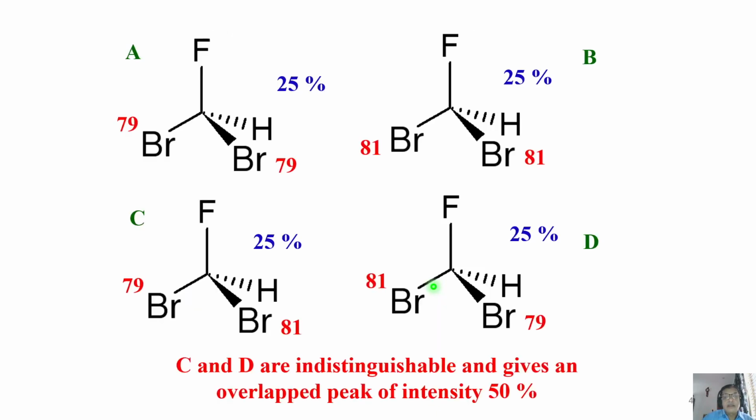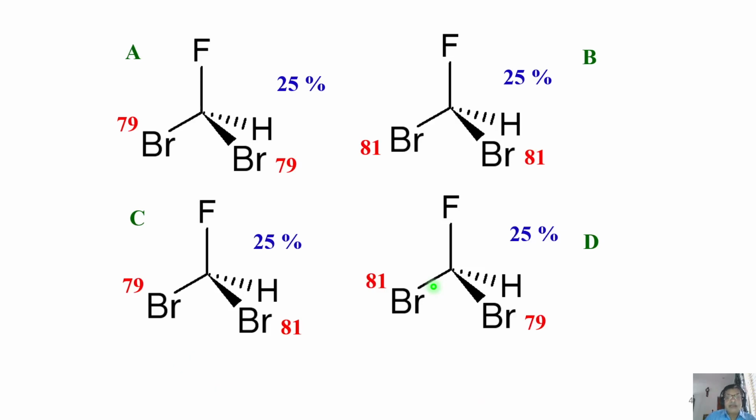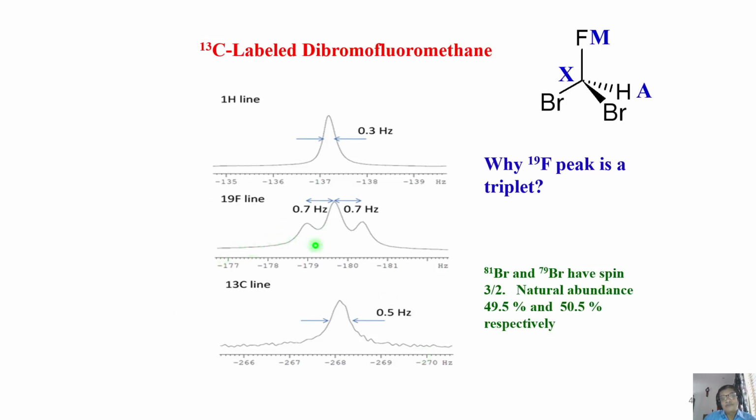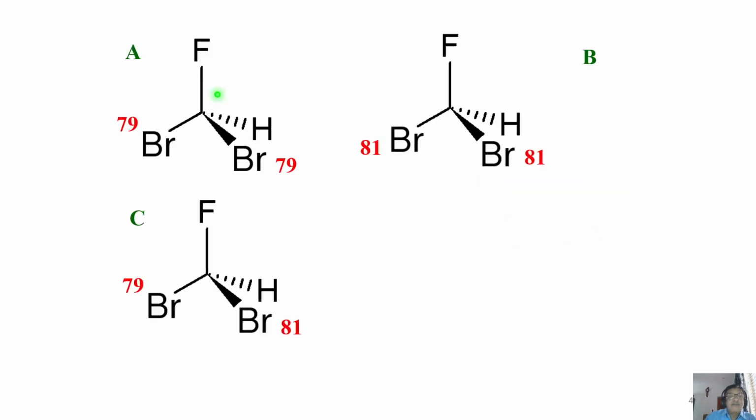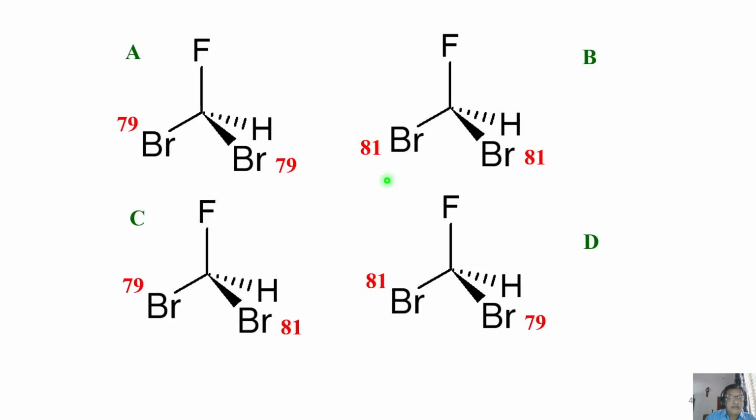So if you look at the fluorine spectrum, before going further, let me complete this. What you are seeing is four peaks corresponding to four different isotopomers. This fluorine spectrum gives one fluorine peak for this isotopomer, one for this, one for this, and one for this. But as I said, these two isotopomers have equal probability and they are indistinguishable. These two peaks overlap.